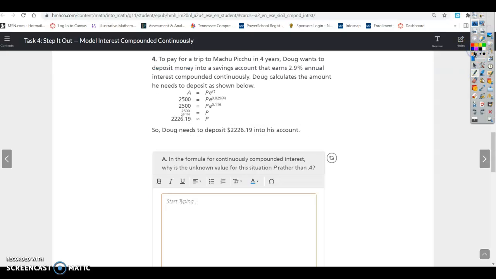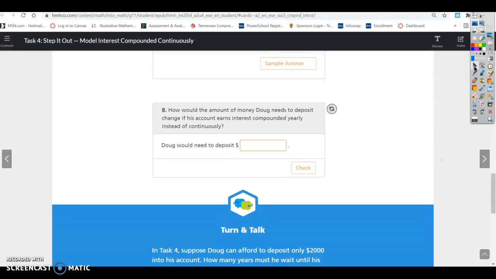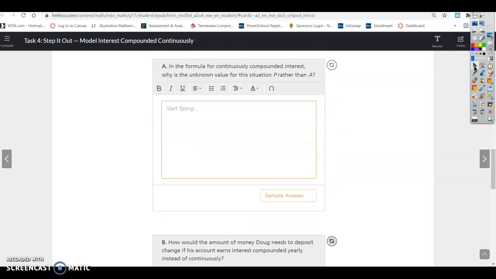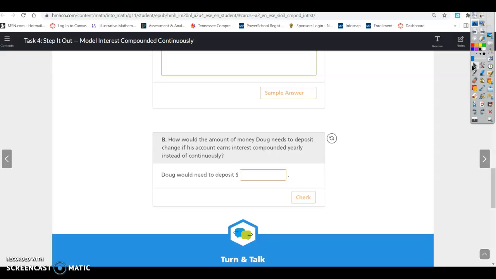All right, so let's look at this other formula. I had to get my pen, so now I've got my pen. So let's look at the original formula, because now we want to see how much Doug needs to deposit if compounded yearly. So we're going to use A equals P times 1 plus r, to the t.